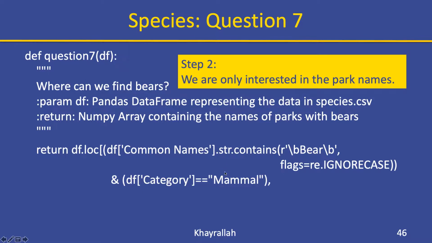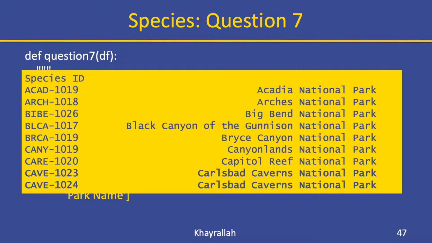So now we are making sure we're getting real bears only, but we are only interested in the park name. So we have to project on the column park name to get what we need. And here's what we get. We get all the species IDs in all the parks, and these parks contain bears. Now notice here that I have Carlsbad Caverns National Park that appears twice here.